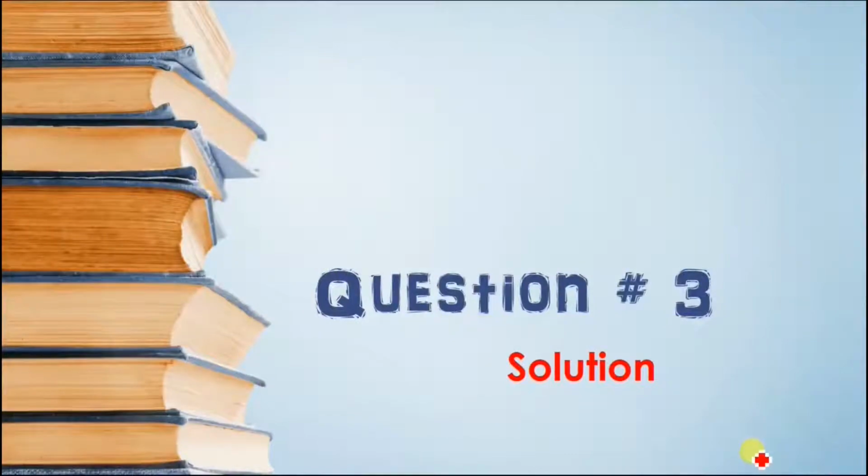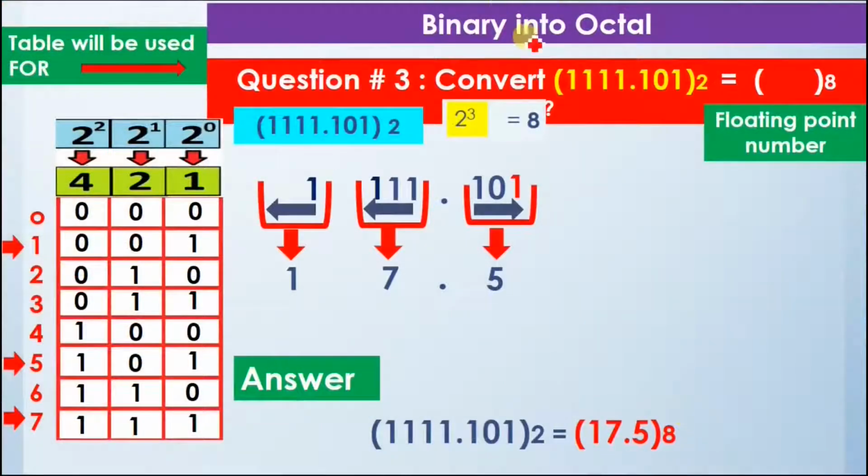Next we move to the solution of question number 3. And in this solution we have to convert a binary number into an octal number, right? So we are given this question that we have to convert 1111.101 in binary and we have to convert it into octal. Alright.